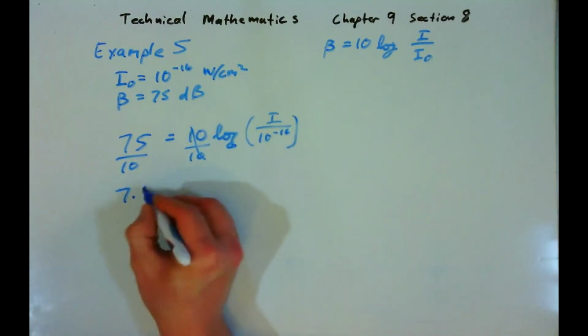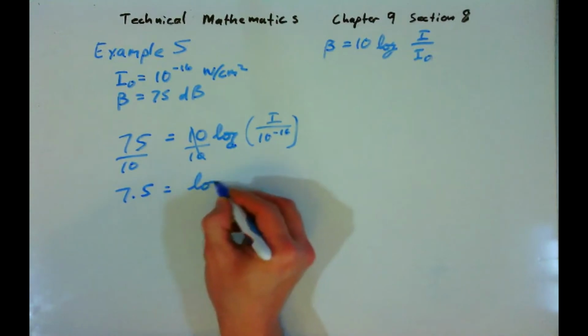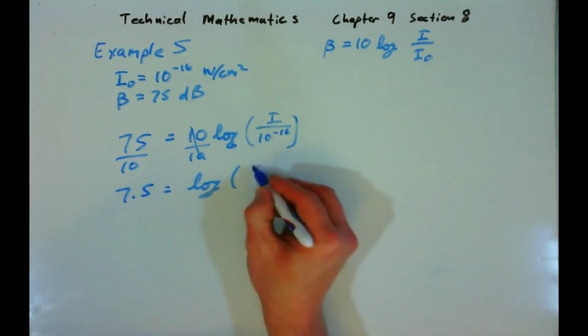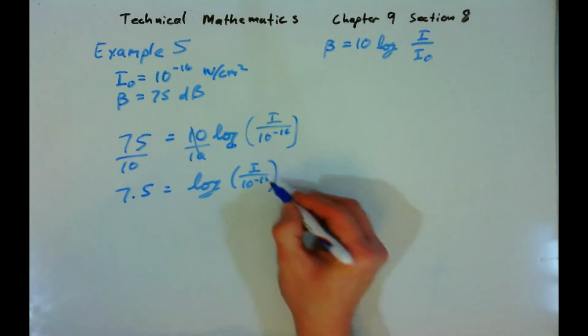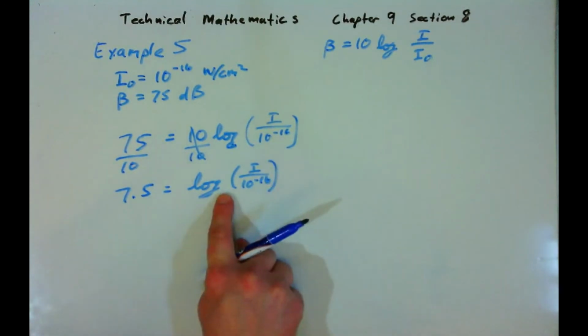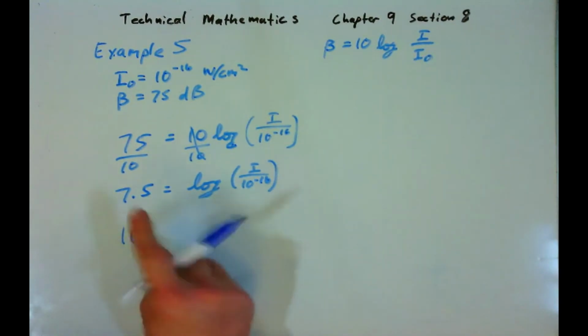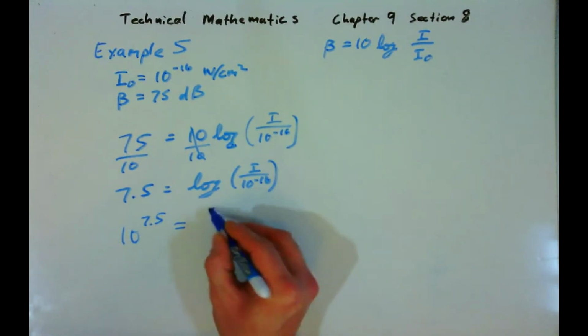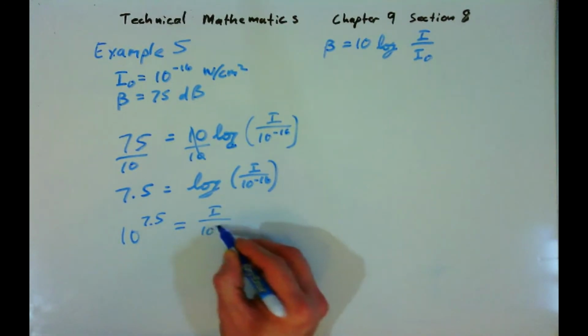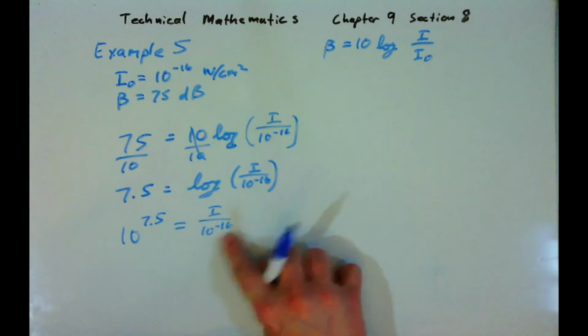These will cancel, and we get 7.5 is equal to log base 10 of I over 10 to the negative 16th power. And so we can rewrite this in an exponential form. The base is 10. The exponent is 7.5. And the power is I divided by 10 to the negative 16th power.